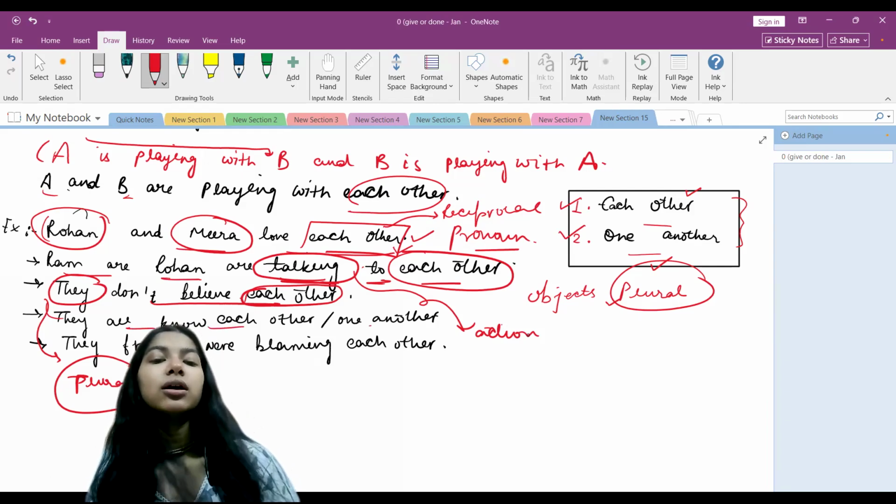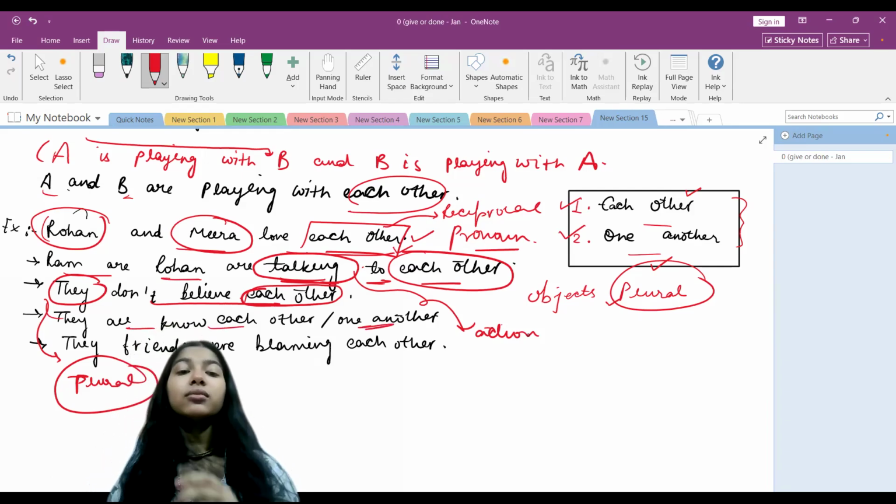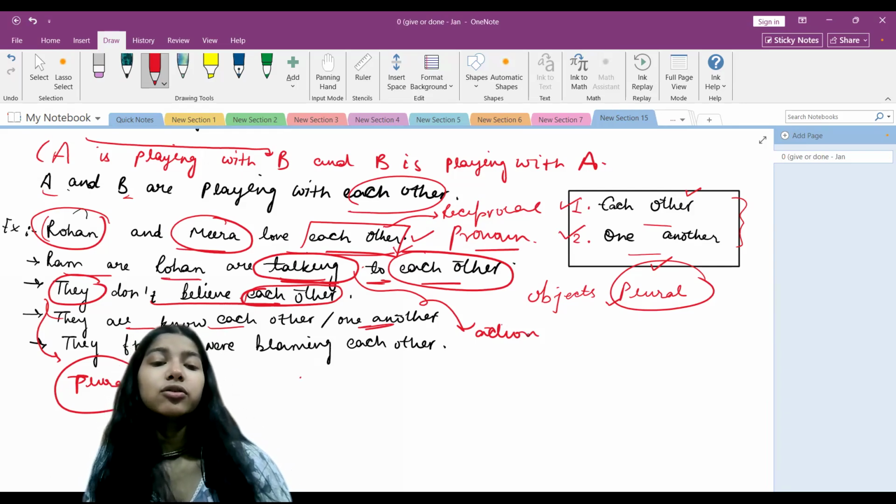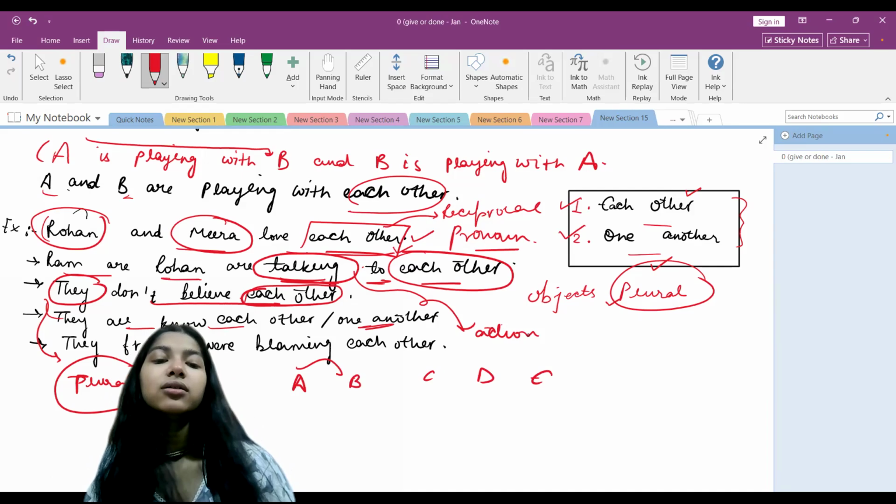They all know each other, one another. Let's take one example that this is a group of persons A, B, C, D, E. So everyone knows each other.